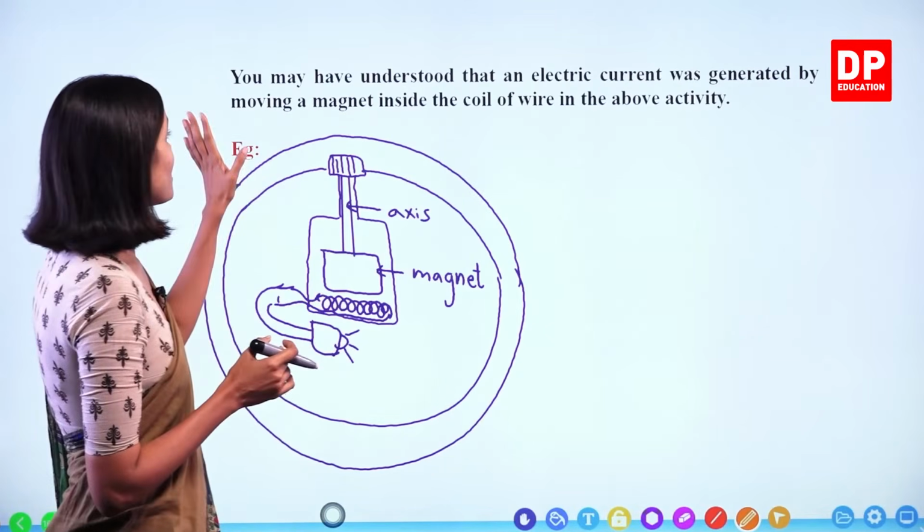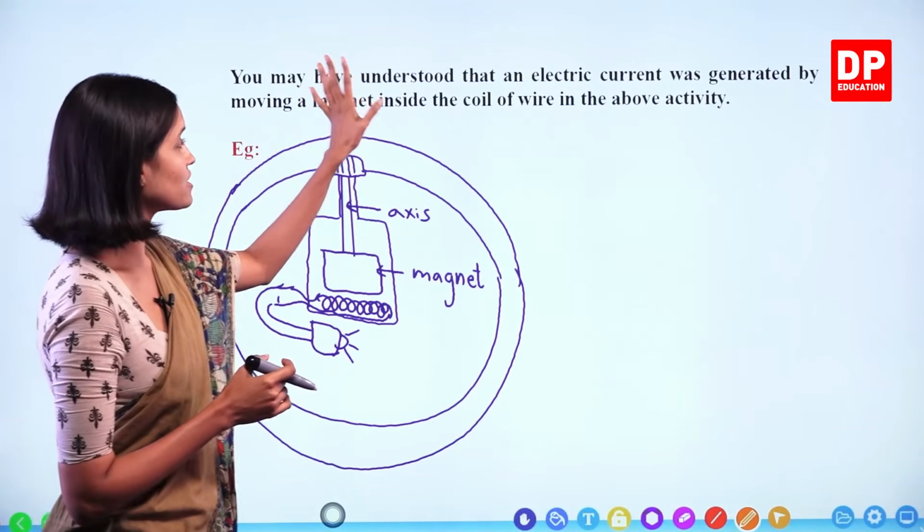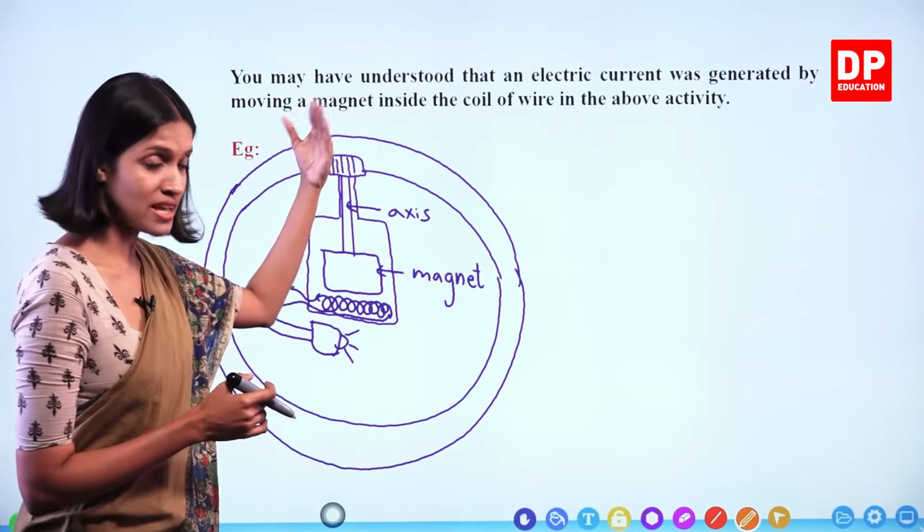Okay, so you may have understood that an electric current was generated by moving a magnet inside the coil of wire in the above activity. What are the other examples instead of this activity?